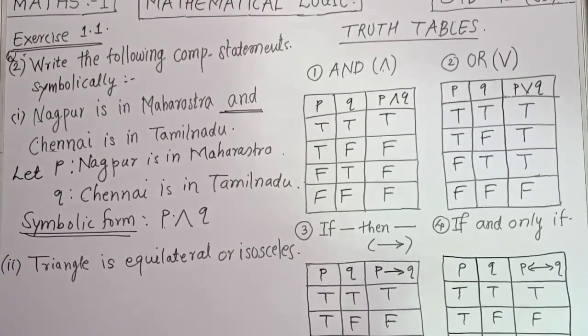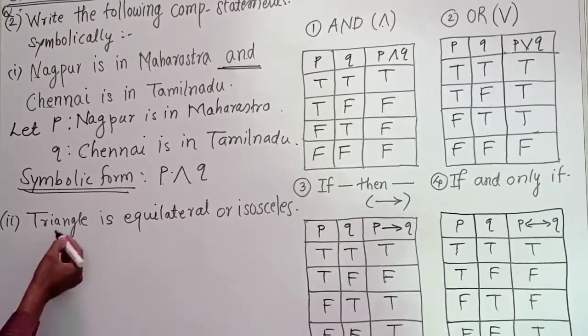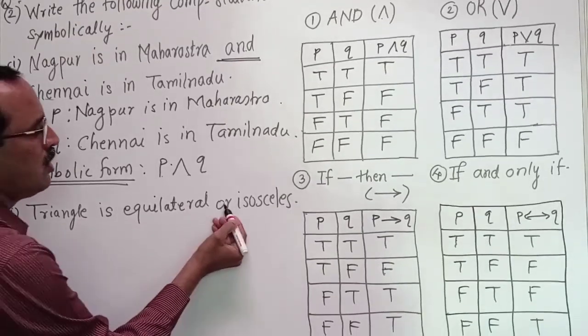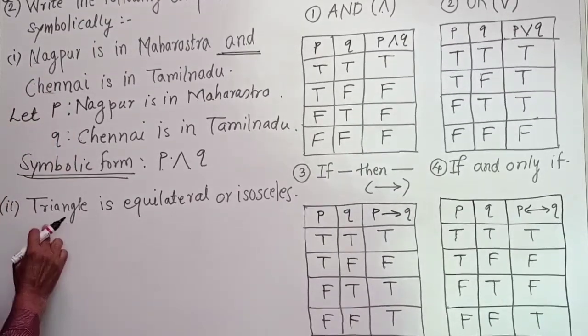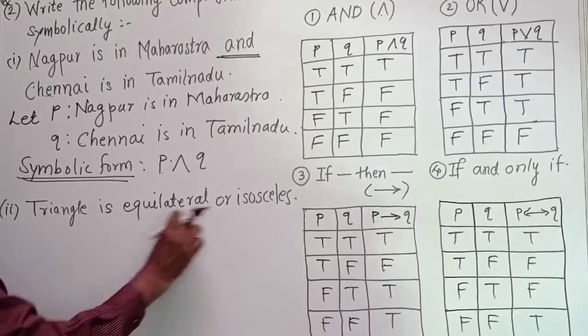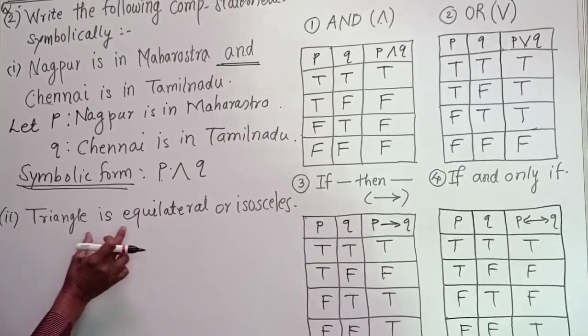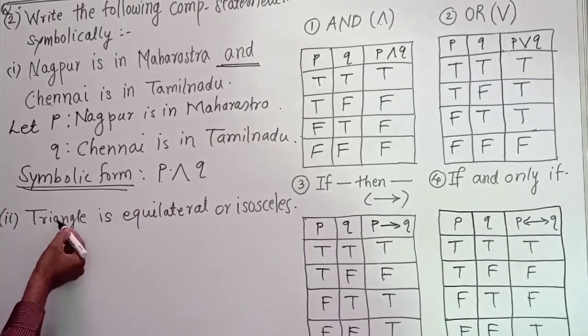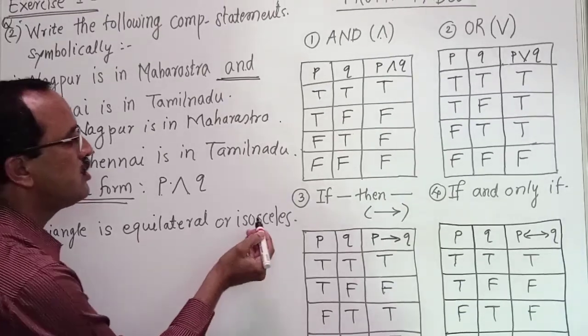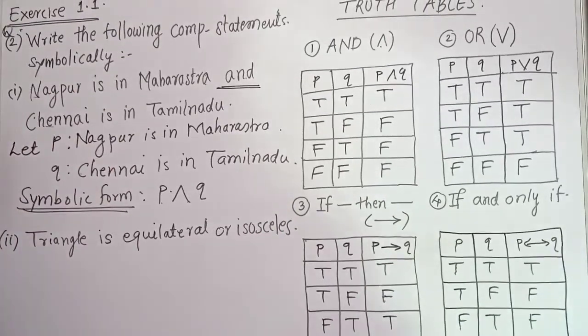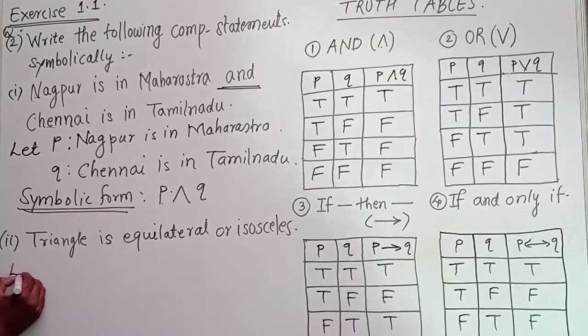Here we consider the second example: triangle is equilateral or isosceles. This is a compound statement connected by using two simple statements: triangle is equilateral, and triangle is isosceles. First of all, we consider two statements.